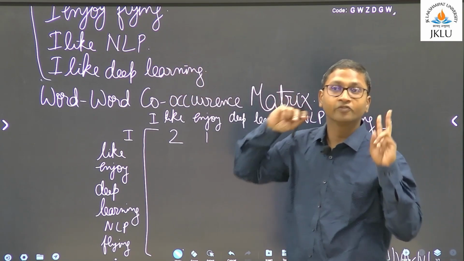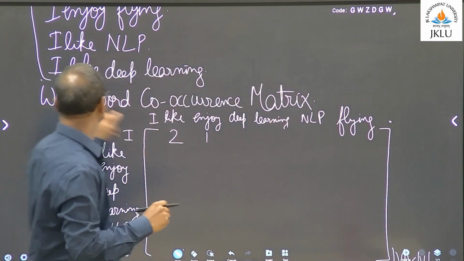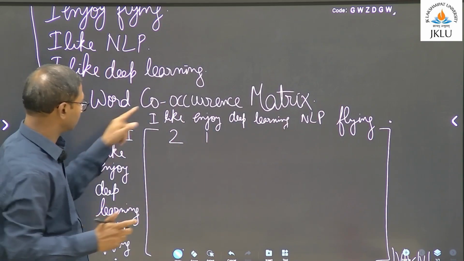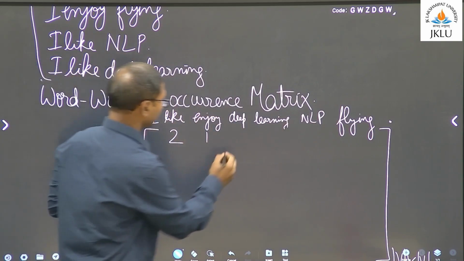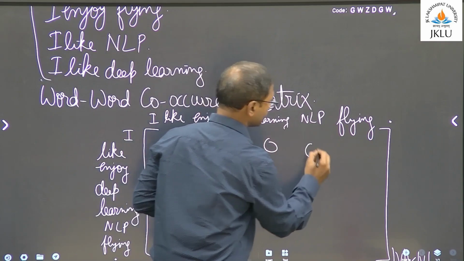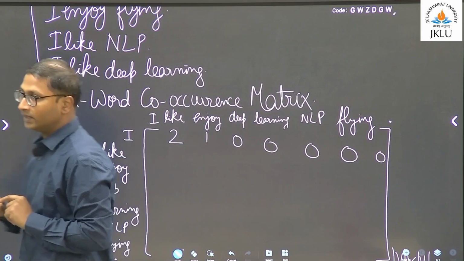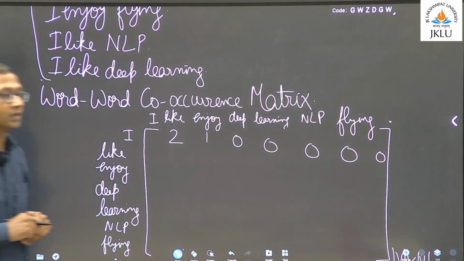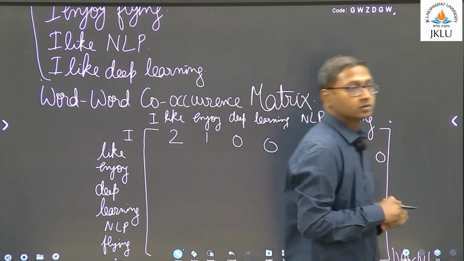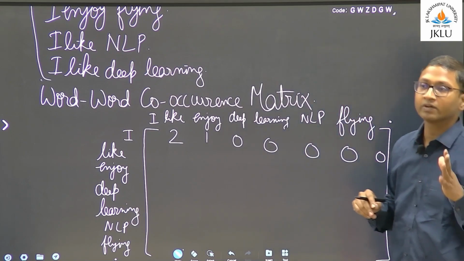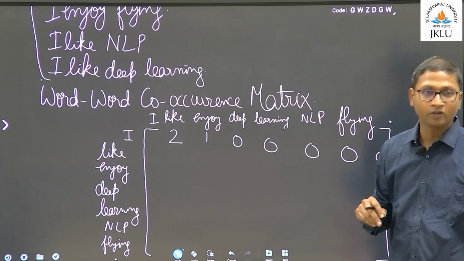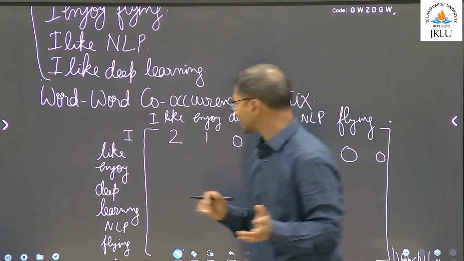No. If window size were 2, then deep would be 1 here. So 0, 0, 0, 0 and 0. What about I with I? This will almost never happen for any word.